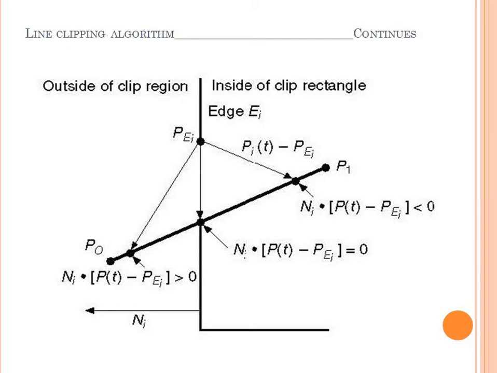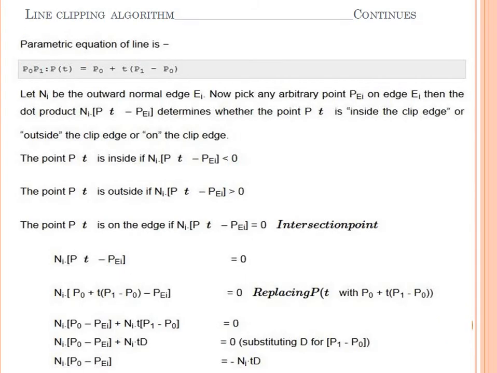Okay, so this is the parametric equation of the line P0 P1: P of t is equal to P0 plus t into P1 minus P0. Let Ni be the outward normal of the edge Ei. Now pick arbitrary points. Then after that we have to calculate t.